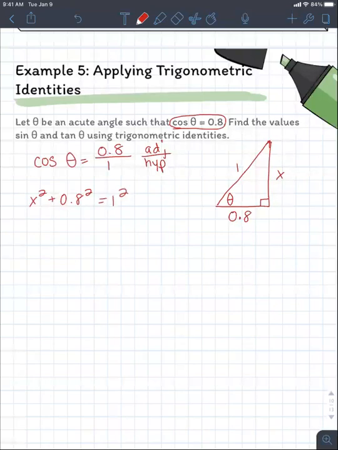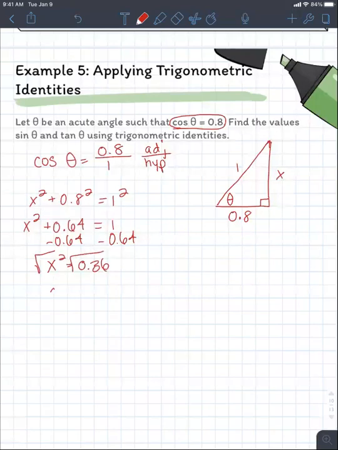If we do all that on the calculator, we get x squared plus 0.64 equals 1. And then we can subtract 0.64 from both sides. So x squared equals 0.36. And we can take the square root, which gives us 0.6.